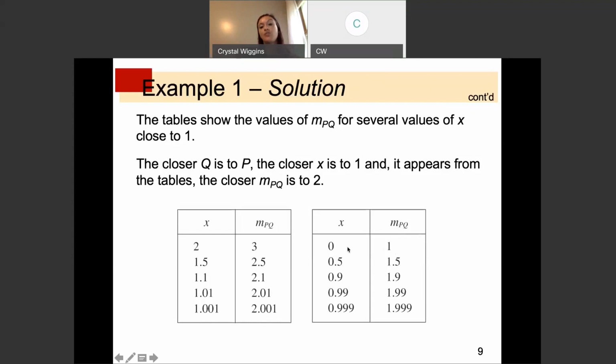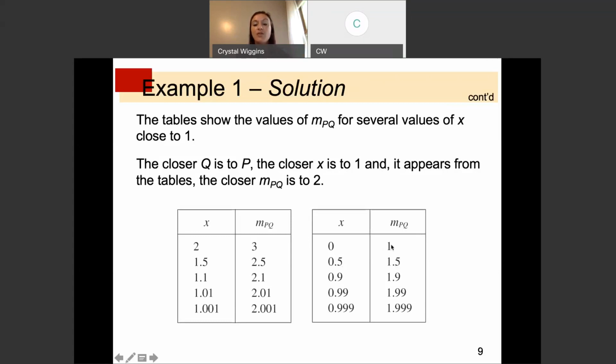Now, again, we're going to gradually step our way closer and closer to 1, throw those input values into the function x squared, get our output values, calculate the slope y2 minus y1 over x2 minus x1, and that's these numbers here.